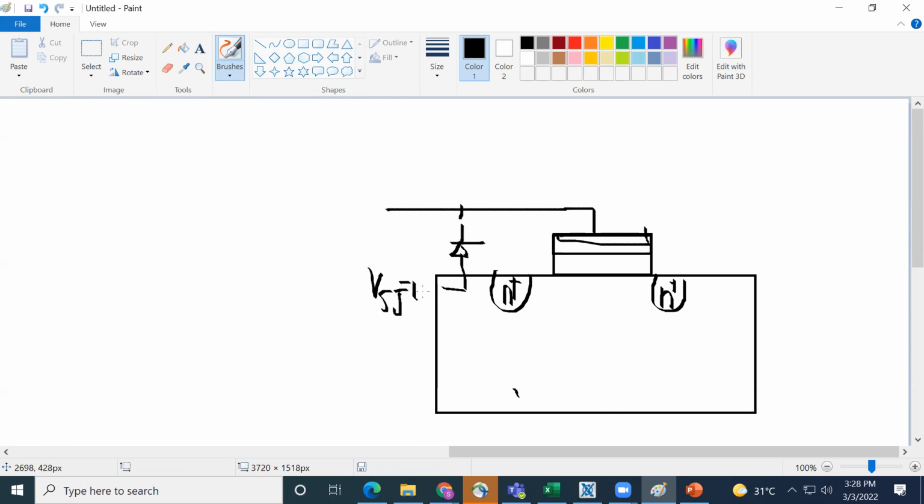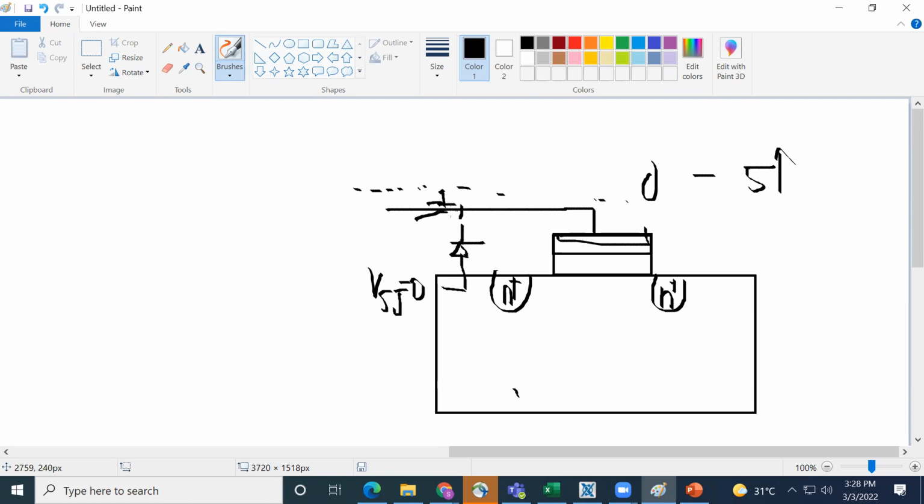VSS means 0. In the normal condition, 0 to 5 volt, it will not affect anything. More voltage coming means more charges will build up. Suppose you have 0 here and -1 here.